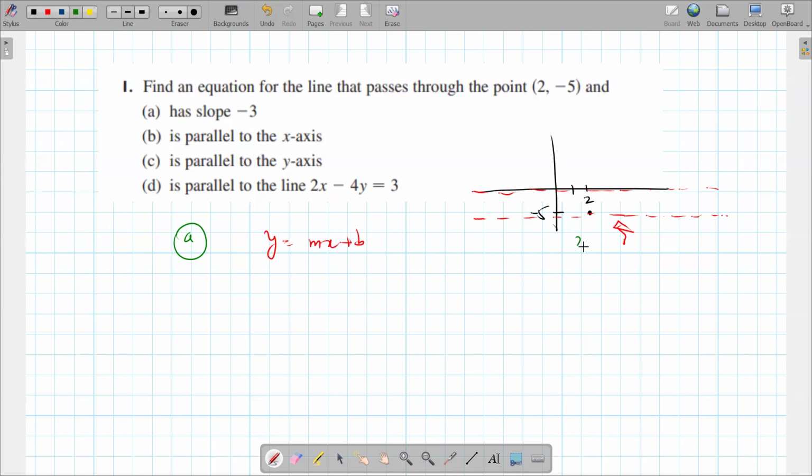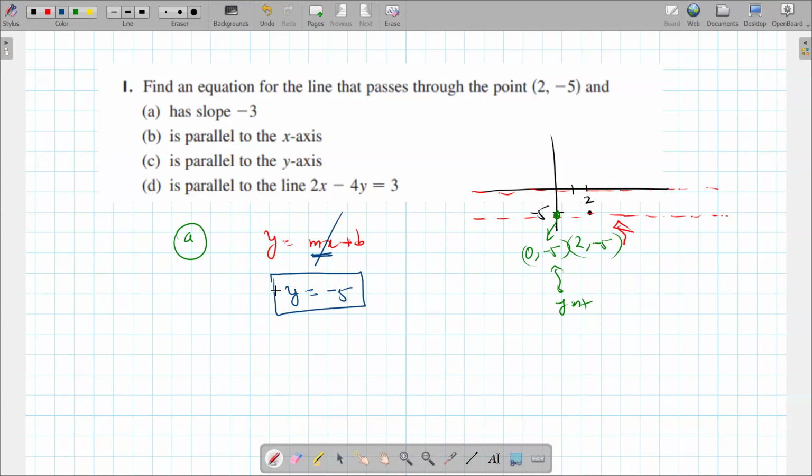If this goes through the point (2, -5), it must go through (0, -5). So you have your y-intercept. Slope is 0, so this entire expression will be 0. So y will simply be your y-intercept. So y equals -5. And you're done.